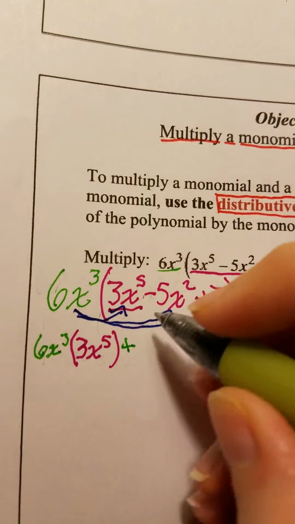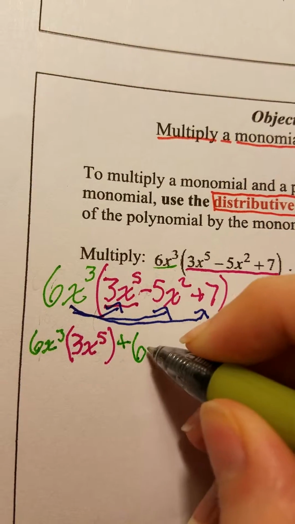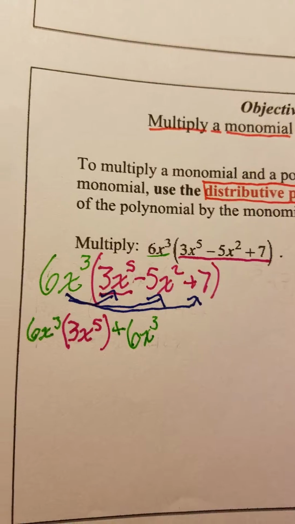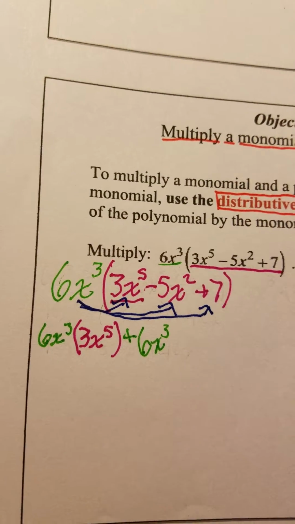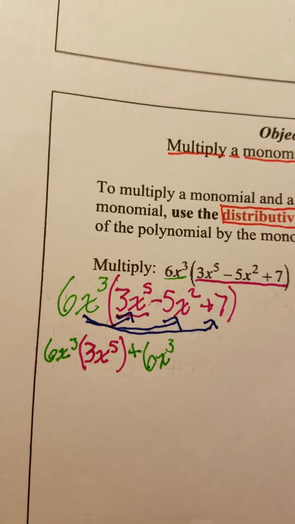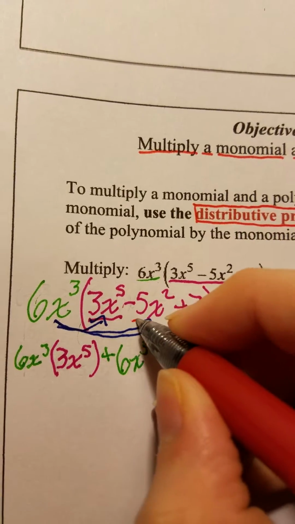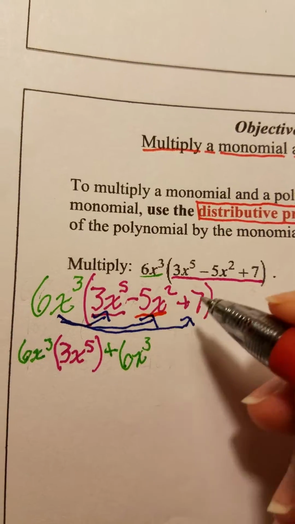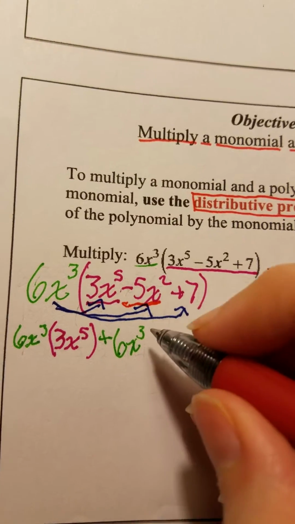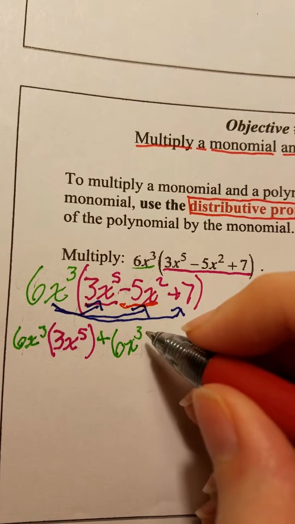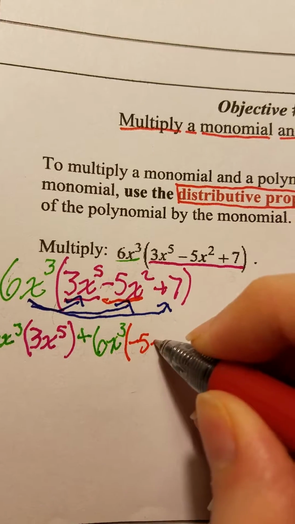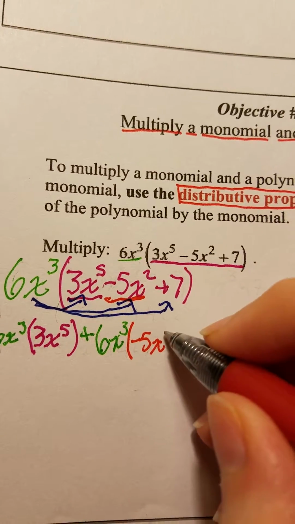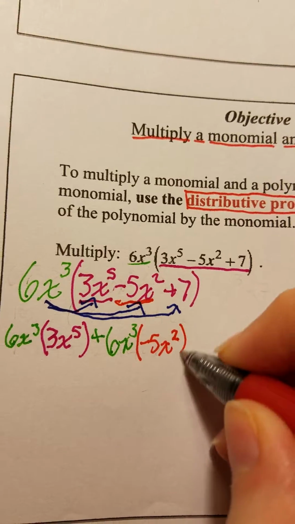plus 6x cubed times the second part of this, which would be the negative 5x squared. You can't forget the negative. So you would multiply the 6x cubed times negative 5x squared.